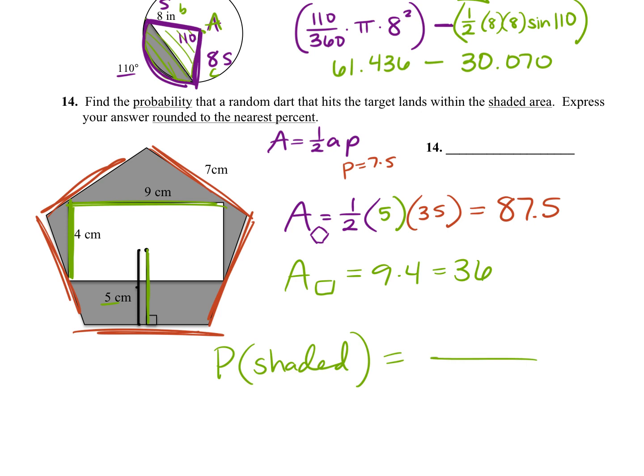Remember, it's favorable over possible. In that, the probability of the shaded should have been pentagon minus rectangle, okay? That's your favorable, right? The shaded thing, whatever you're trying to find is your favorable. You put that over the total possible, which is your pentagon, okay?